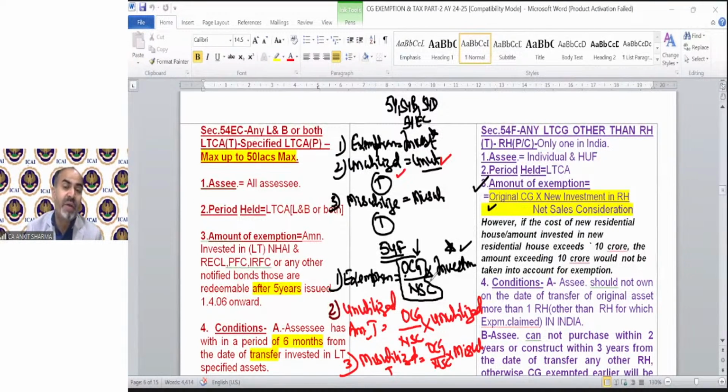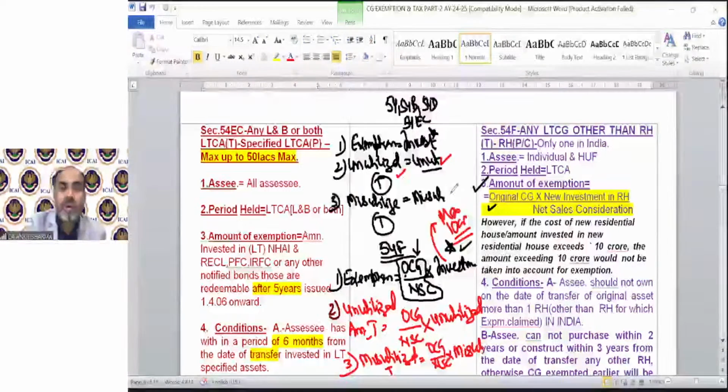When you need to find the unutilized amount taxable, multiply the same formula with the unutilized amount. And if you need to find the misutilized taxable amount, multiply the same formula with the misutilized amount. Clear?